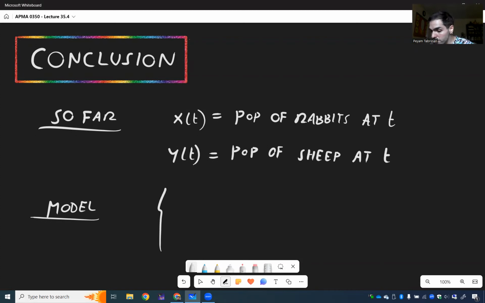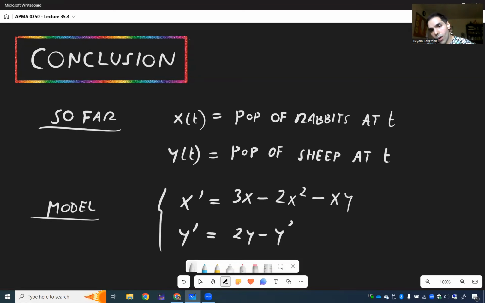And we found the following model, which relates the interaction between the bunnies and the sheep, which was simply x prime equals 3x minus 2x squared minus xy. So xy is the interaction between the two, and y prime is 2y minus y squared minus xy.